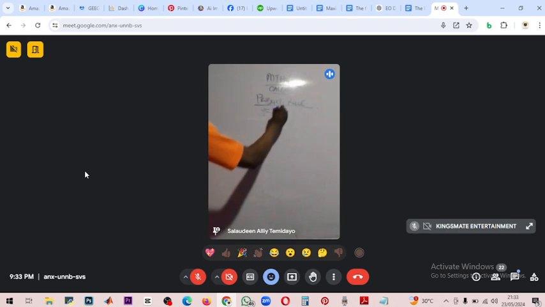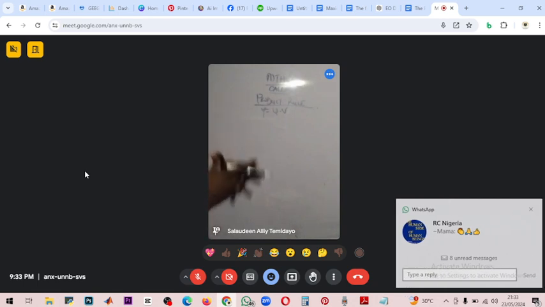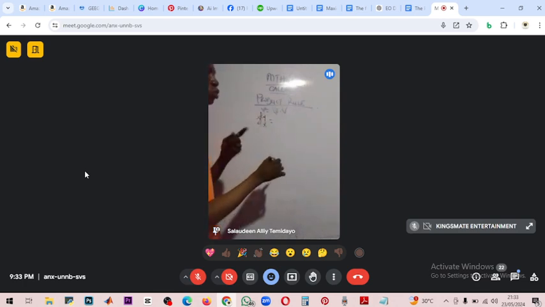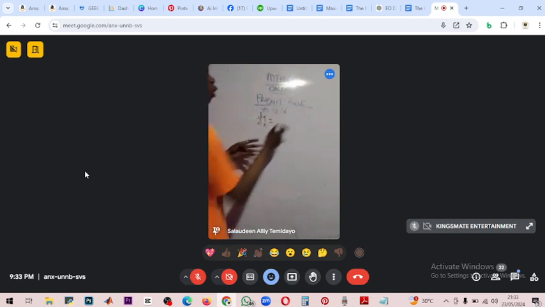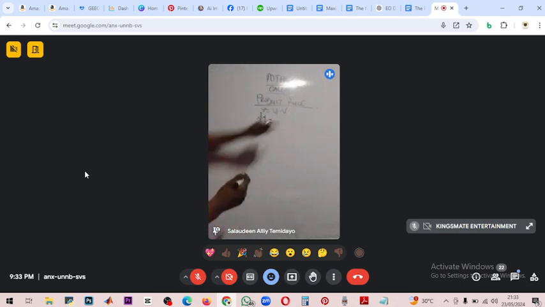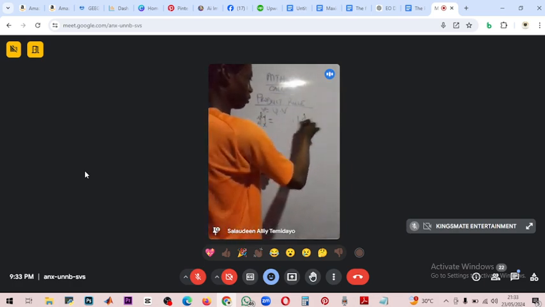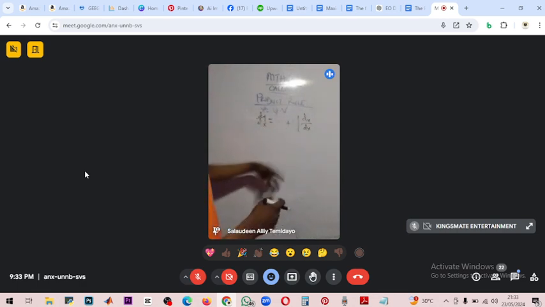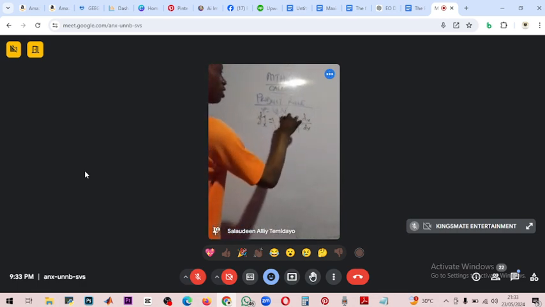When y equals u times v, the product rule states that when a function is the product of two functions, then the derivative of that function, dy/dx, is going to be the product of the first function and the derivative of the second function, that is u dv/dx, plus the product of the second function and the derivative of the first function, that is v du/dx.